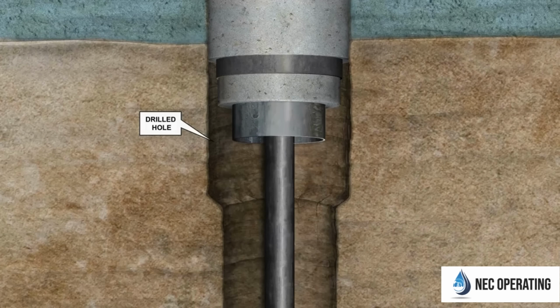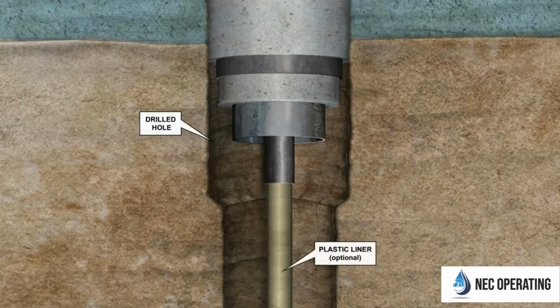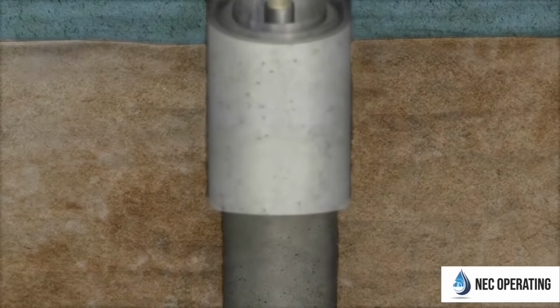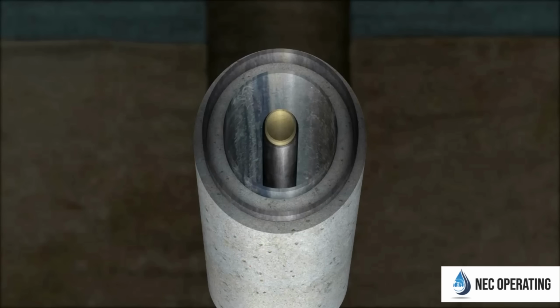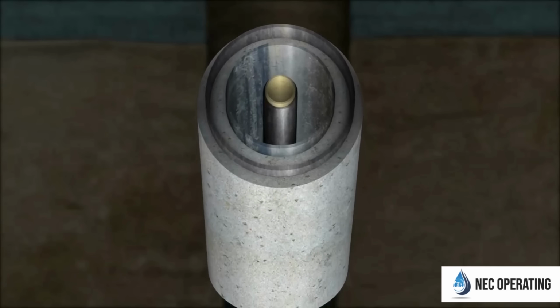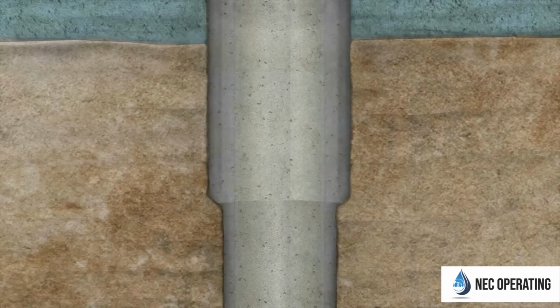Inside the long string casing is another steel pipe, the injection tubing. It can also be lined with plastic, adding yet another layer of reinforcement. This multi-layered construction provides an exceptional barrier between the saltwater, freshwater zone and the surrounding geological formations.